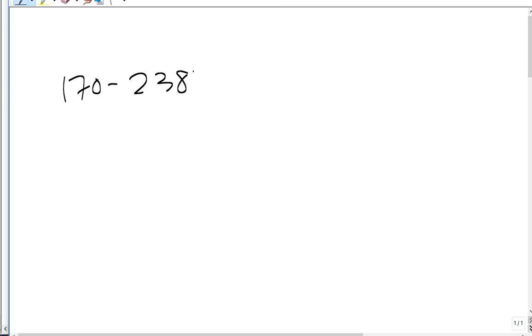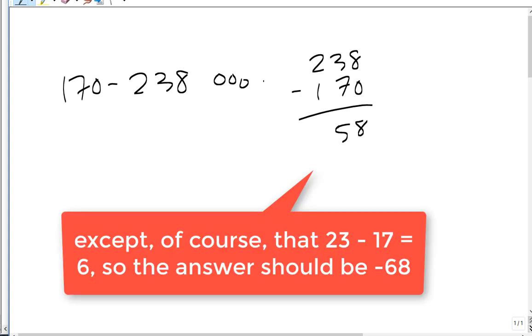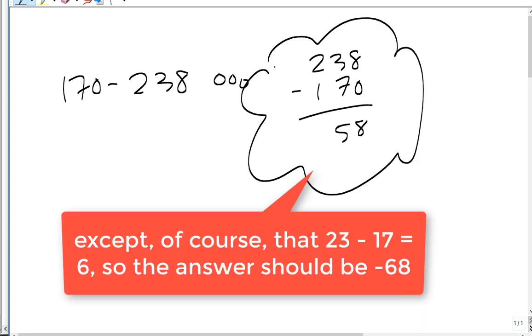You might think, oh, yuck, but here's the trick. What you do is you do the 238 minus 170, 23 minus 17 is 6, 58, and then you know that because you reversed the order, you get the wrong answer. The answer is -58.